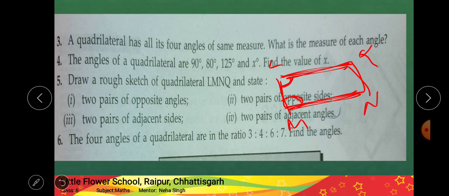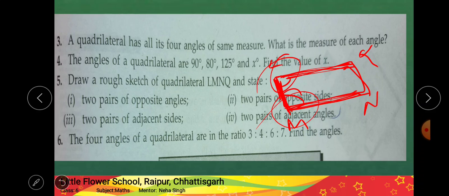Adjacent angles means this angle and this angle. Angles with one side common, or one arm common. Similarly, adjacent sides will be the sides with one vertex common, right? See, suppose this and this are adjacent angles. Why? Because see, L, M, N. So this side is common between these two angles.